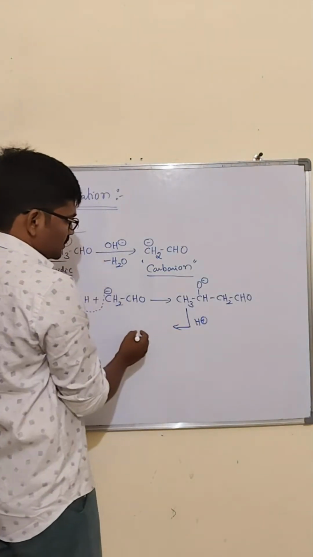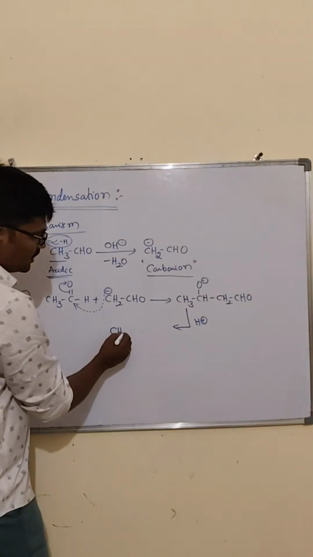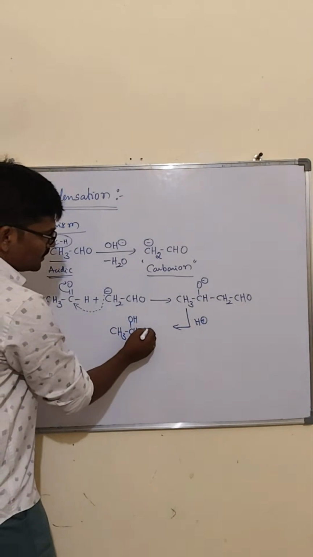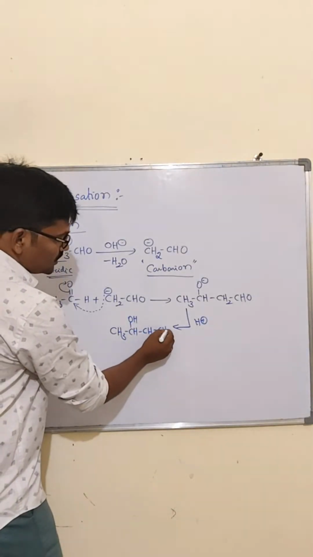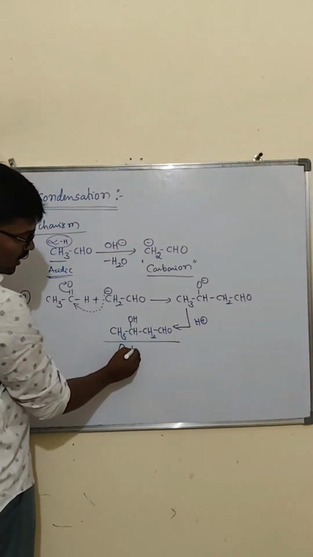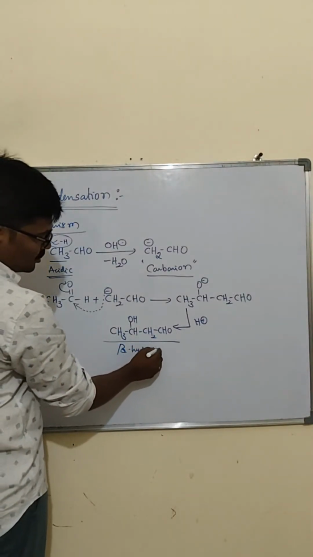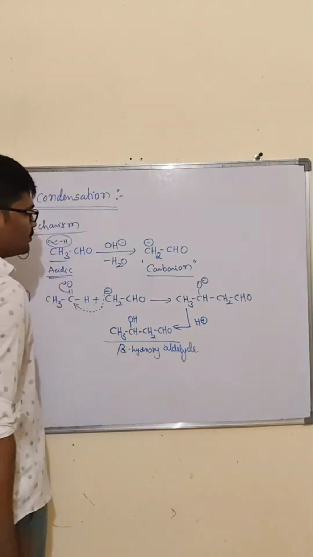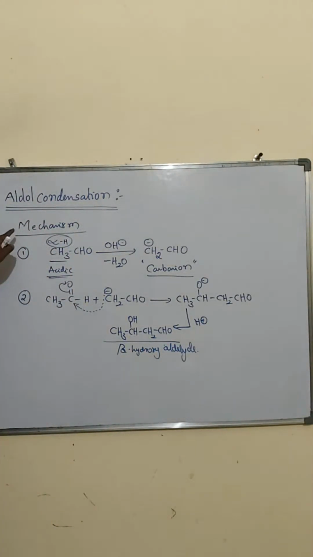Then what happens in this reaction? CH3, CH, OH, CH2, CHO. This is the product actually. So this is the product, beta hydroxy aldehyde. Observe the mechanism clearly.